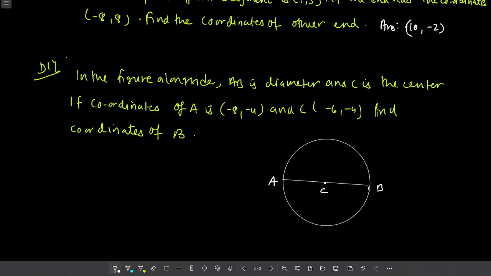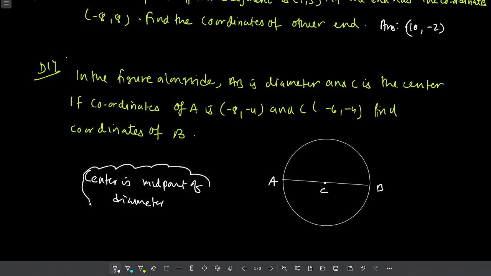Diameter is any line that joins opposite points of the circumference through the center. And the center is always the midpoint of AB. Center is the midpoint of the diameter. That means this can also be done in the similar way of previous questions.